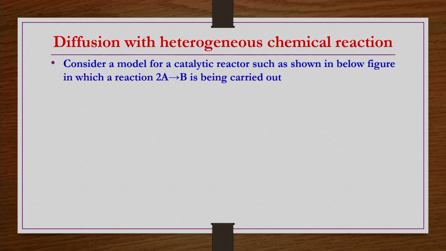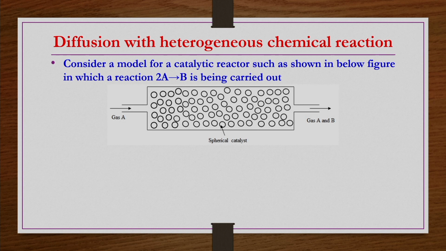Consider a model for a catalytic reactor such as shown in the figure below, in which a reaction 2A tends to B is being carried out. We have a catalytic bed in which gas A is coming in and reacting on the surface of catalyst particles, and then product B is forming, and the outlet unreacted gas A and product B are coming out.